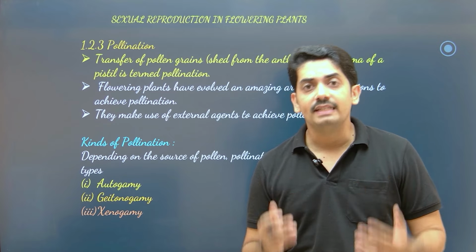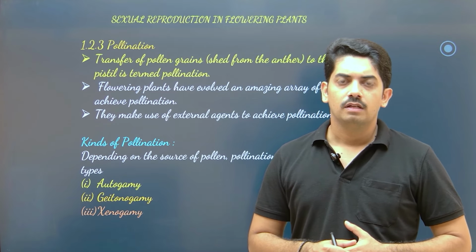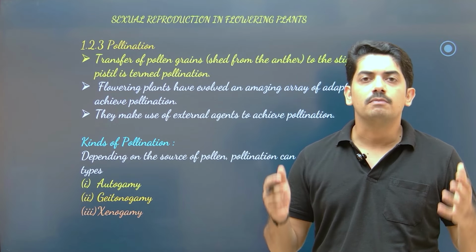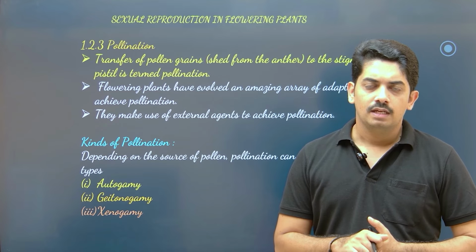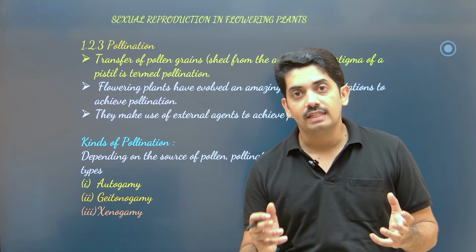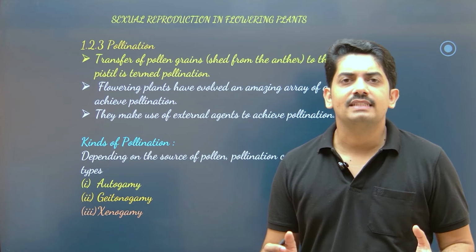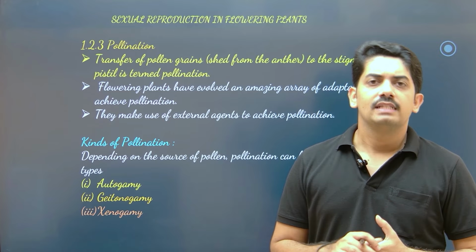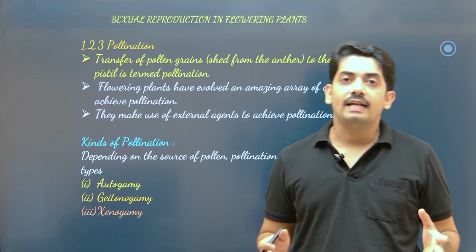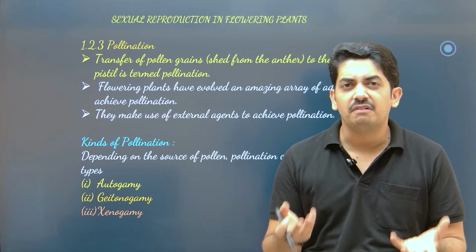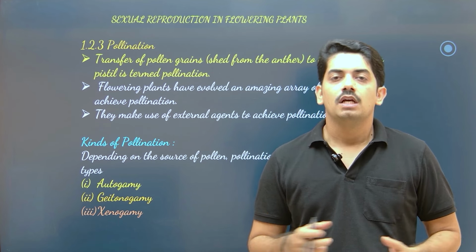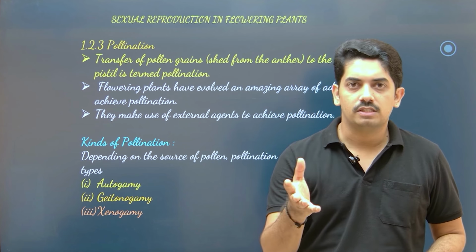Now how will this pollination be achieved? There are different types of plants, and they adapted for different modes of pollination. It is not the same in all plants. If you observe in nature, certain plants produce beautiful flowers, certain plants produce very small flowers, some plants produce smelly flowers, and some produce fragrant flowers. Some produce nectar.